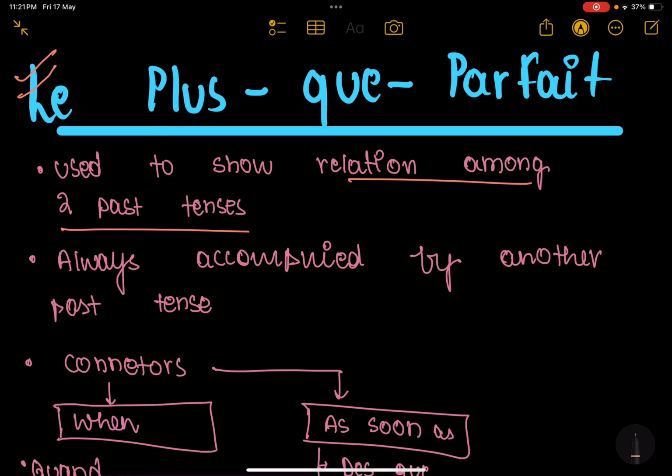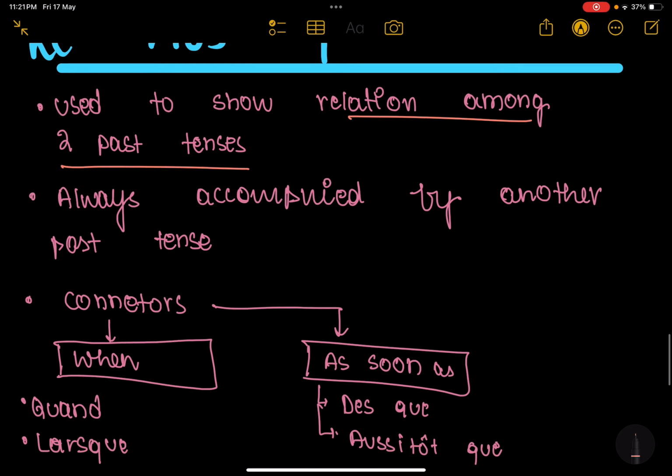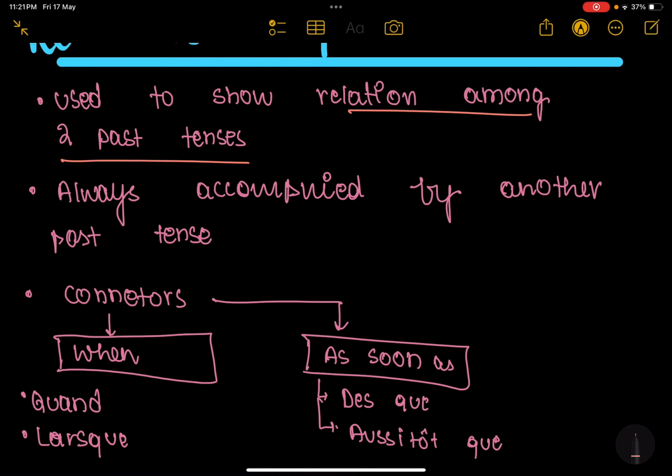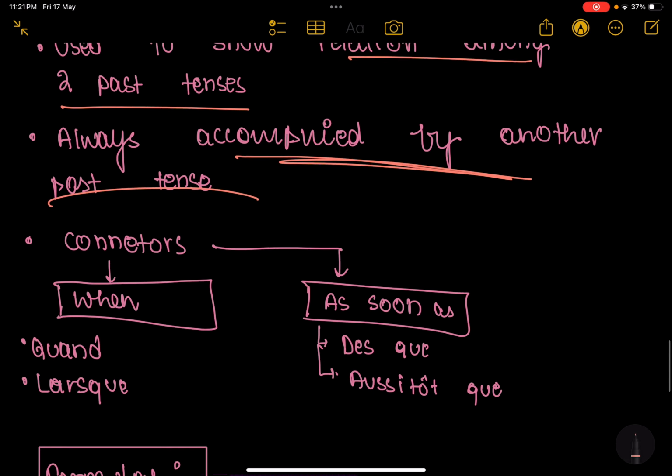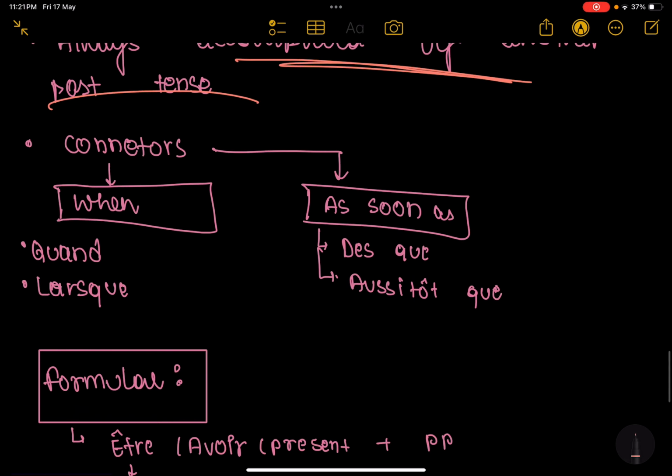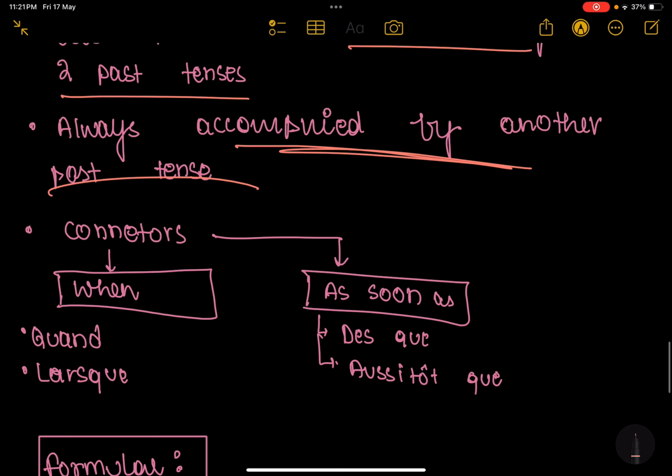It could be plus-que-parfait and imparfait, or plus-que-parfait and passé récent, or plus-que-parfait and passé composé. There are many possible examples of these tenses. This tense is always accompanied by another past tense. This is the rule that you must remember. So if you are getting confused whether to use plus-que-parfait or not, remember these two rules.